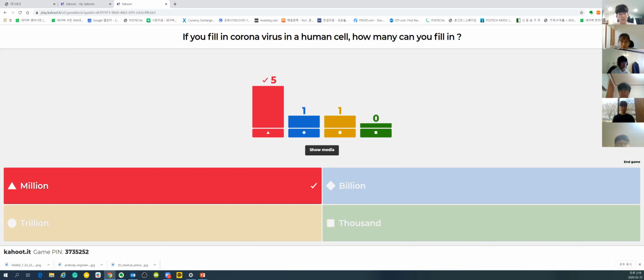So 100 to the 3 is 100 by 100 by 100. That's a million. So now you can draw the picture that in one cell many viruses can invade or be produced inside the cell. Maximum a million cannot be reached, I guess. Maybe smaller, but easily it can be 100,000 or multiple thousands, and then it can explode the cell and escape. This is approximately the size we are talking about: virus versus human cells.